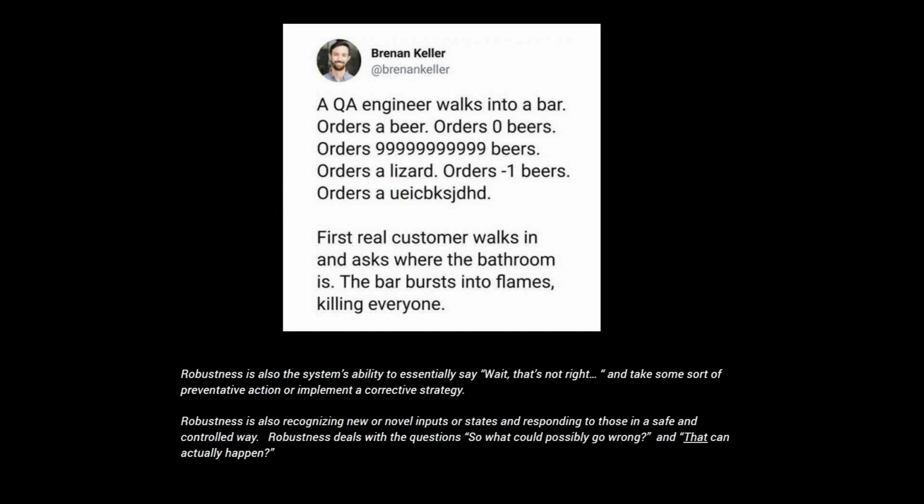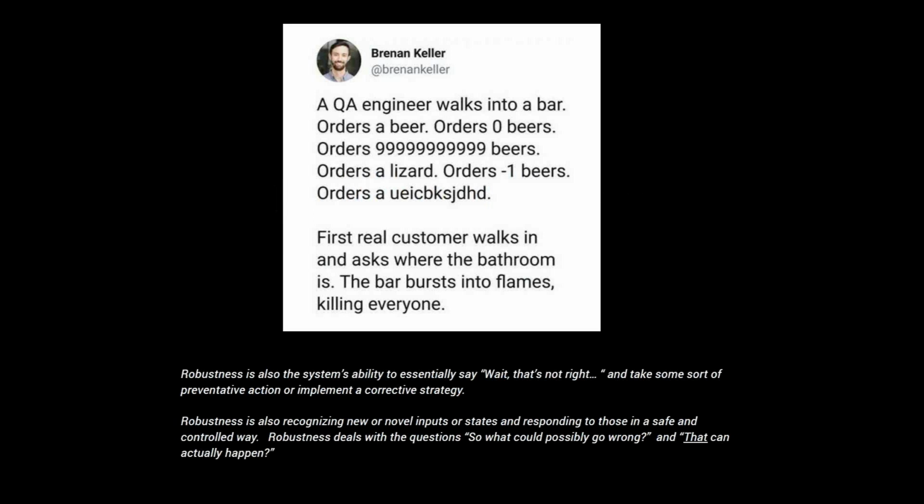Real world robustness: first real customer walks in and asks where the bathroom is, the bar bursts into flames, killing everybody. Oops. That describes, in an interesting way, a lot of these machine learning applications when they're deployed.